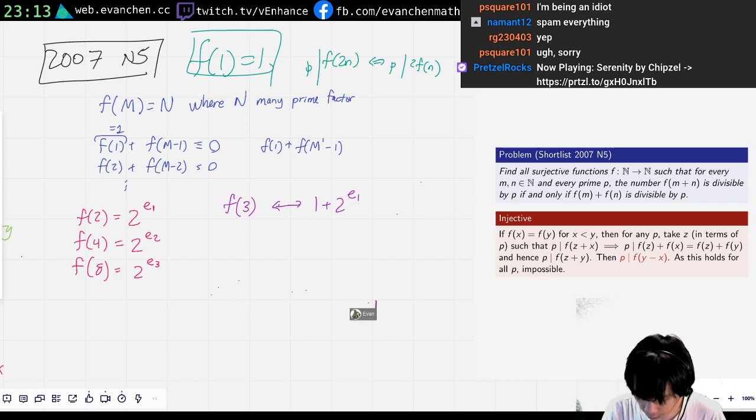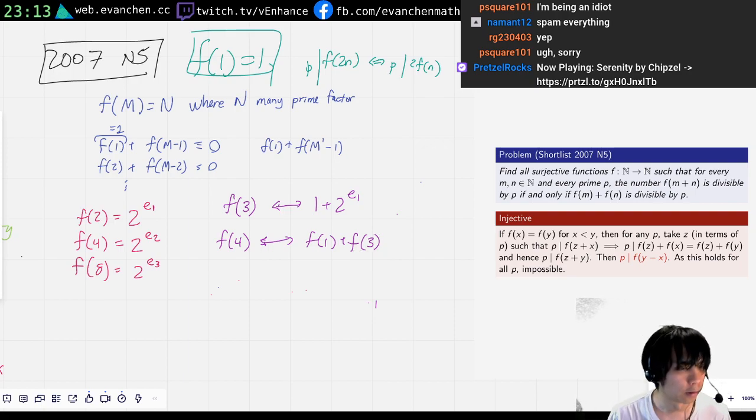But f of 4 is supposed to have the same factors as f of 1 plus f of 3, but it's a power of 2. So what's happening is this is still equal to 1.